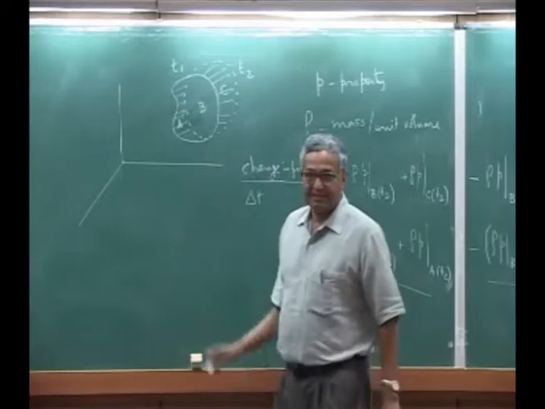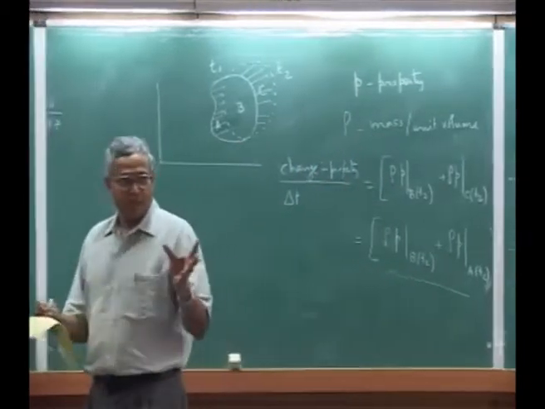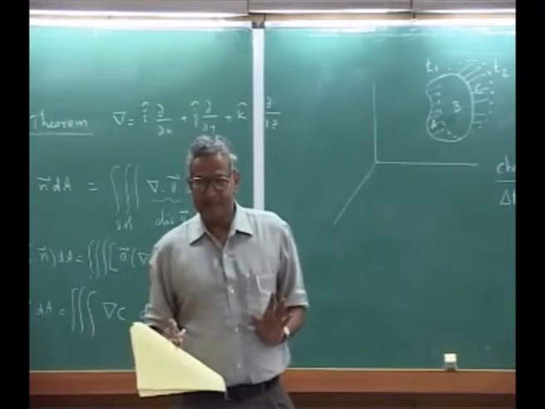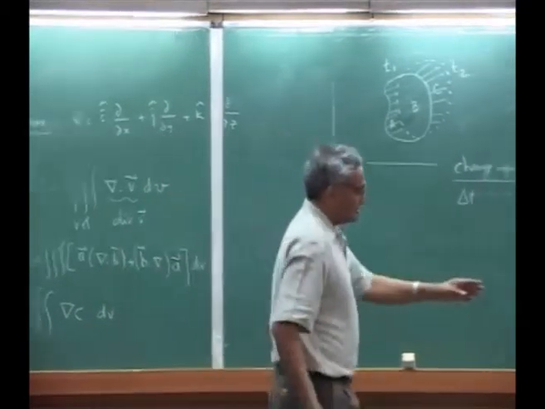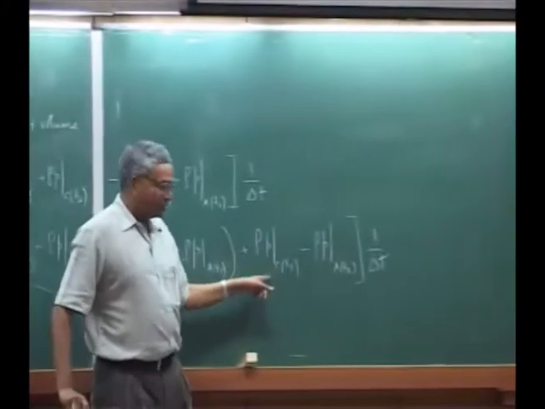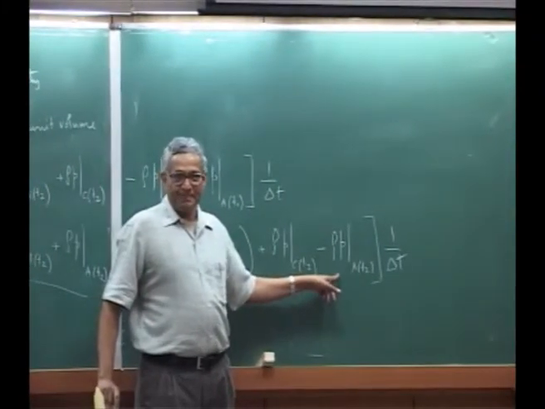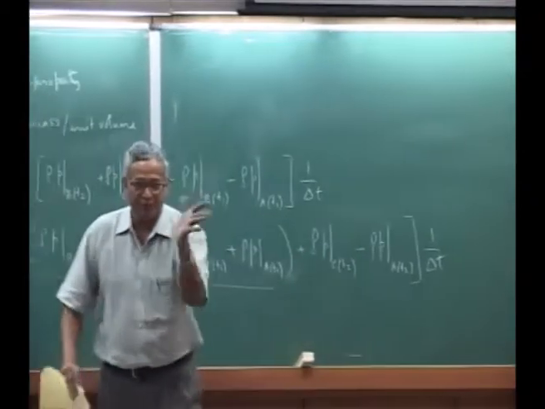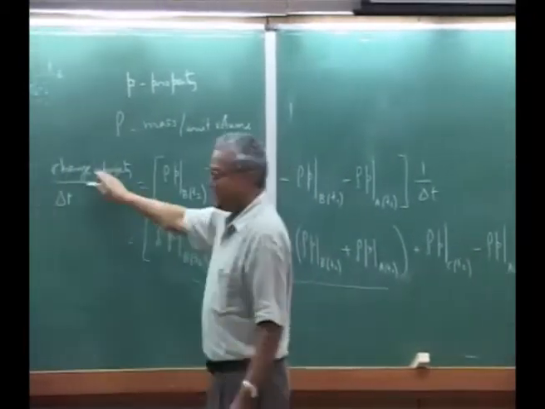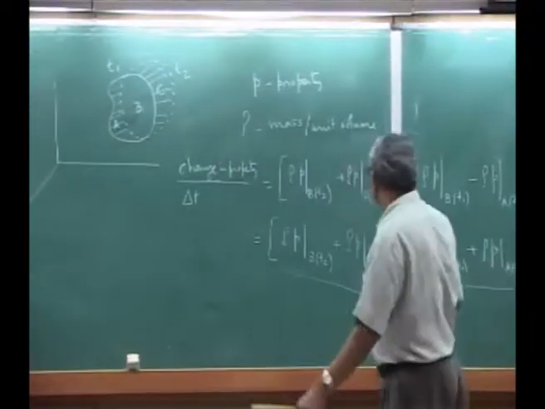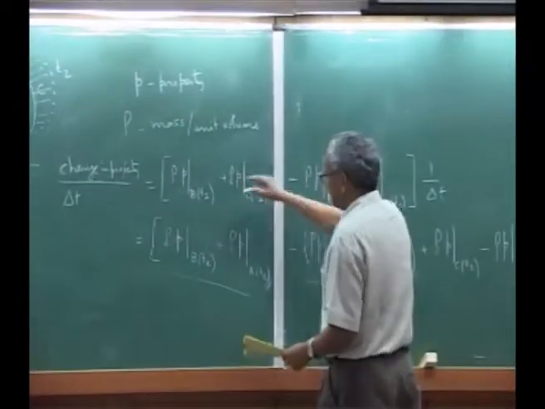So this is like what has flown out, because what this is flowing out minus flowing in. So net flow out. So this change in the property, if I look at it from a control volume point of view, this is nothing but the change.